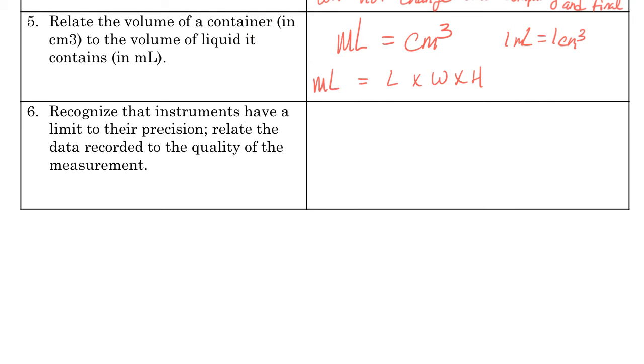This next one goes back to what I described about significant figures. All instruments have limits to their precision. So that's why we need to keep track of the significant figures. With very few exceptions, there are very few numbers that we consider to have unlimited significant figures.